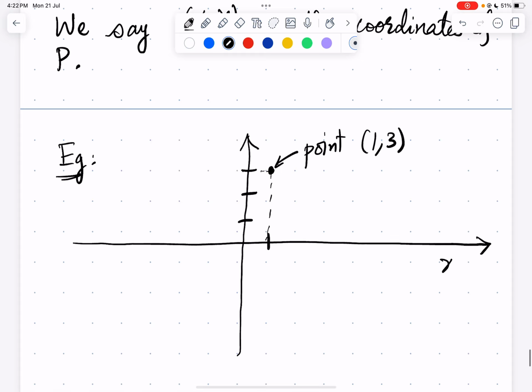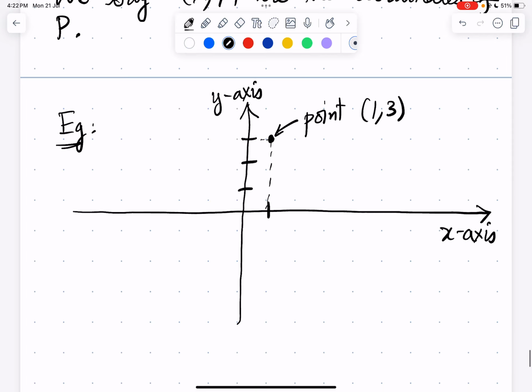So here's the x-axis and here's the y-axis. Okay, so this is one point. Another point is the natural point, the origin. This point is 0, 0. Its address is just begin at the origin, move 0 units in the x direction, and then move 0 units in the y direction. We'll consider another point.